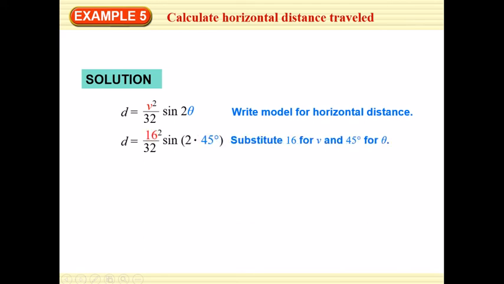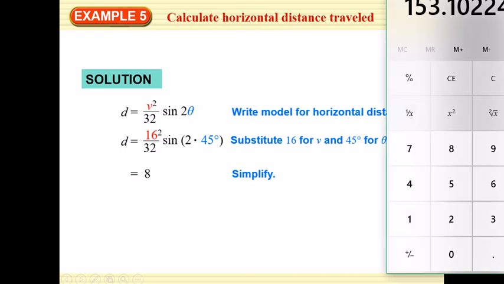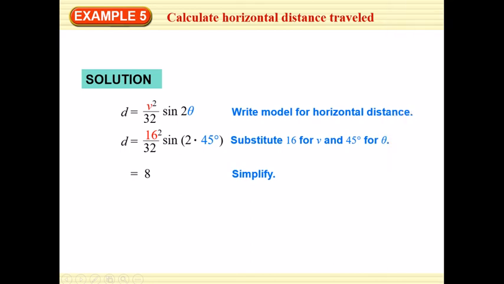Filling in 45 degrees for theta and 16 for v, my velocity, my speed. I simplify that. You can type all of this in one go, but I would just be careful.